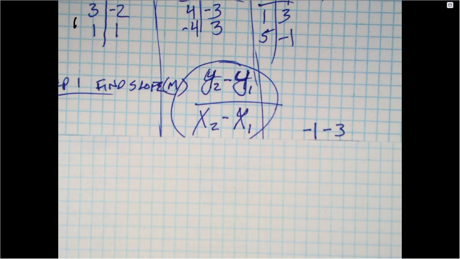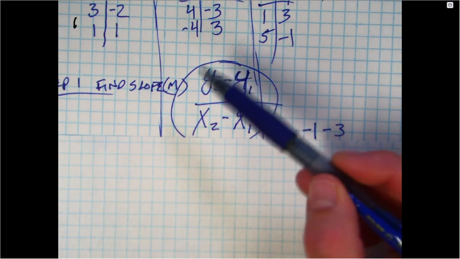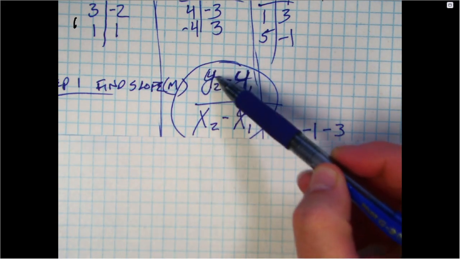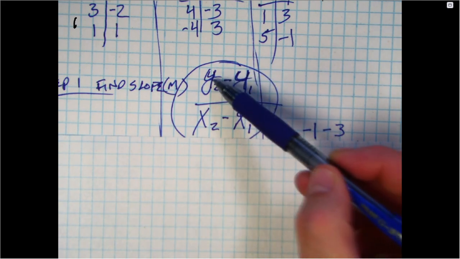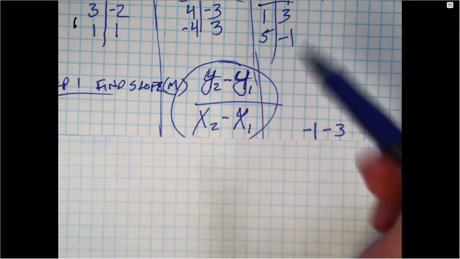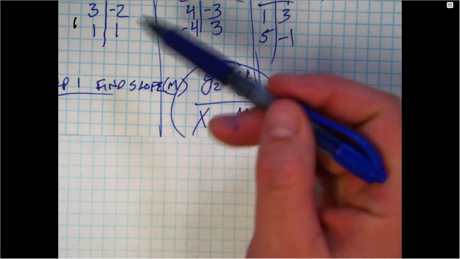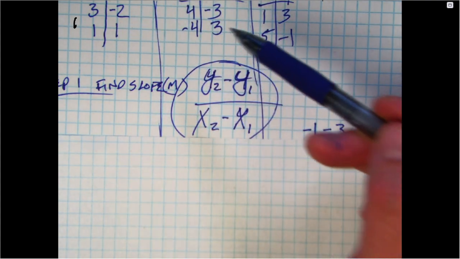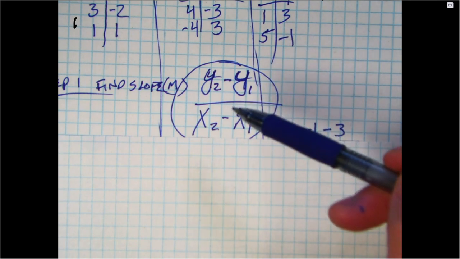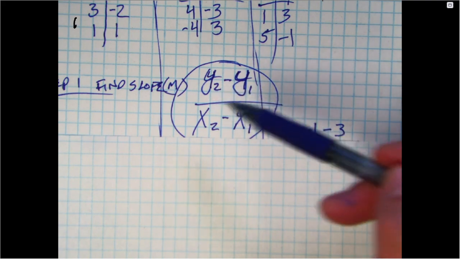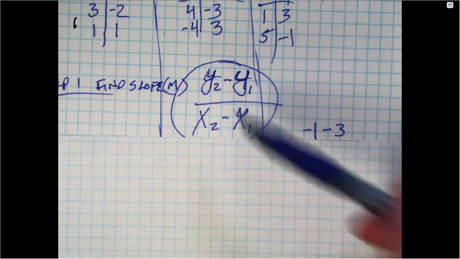So the next step that we can do is solve for slope. Remember, to solve for slope, it is y2 minus y1, the change in y. So taking each of these sets of information, we're going to plug it into this formula to solve for slope.